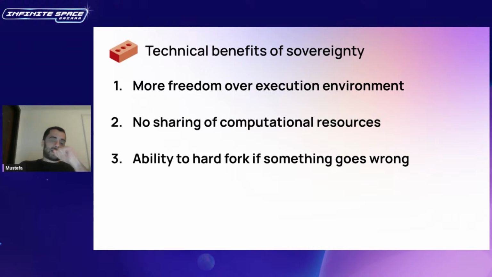So as I mentioned, what are the advantages of sovereign rollups? Firstly, you have more freedom over the execution environment. You also have that with standard rollups, but the cool thing about sovereign rollups is that because you're not confined to making sure your validity proofs or fraud proofs fit within a specific format, for example to satisfy the Ethereum virtual machine, you have a lot more flexibility over what you can do.